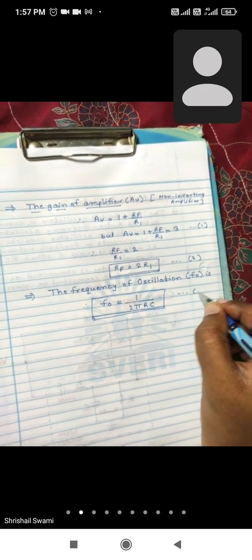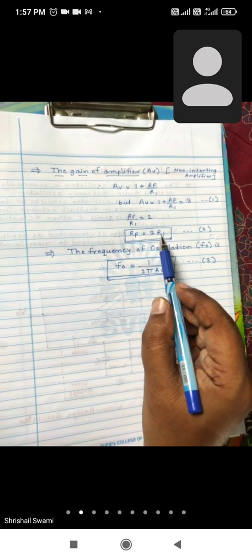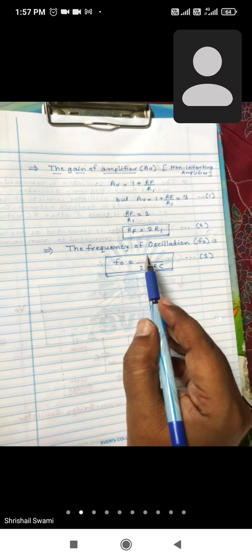This is equation number 3. Are you getting my point? So these are the expressions we need to design the Wien bridge oscillator, that is RF equal to 2 times R1 because the gain is 3, and the frequency of oscillation F0 is given as 1 upon 2 pi RC. So this is just a description.